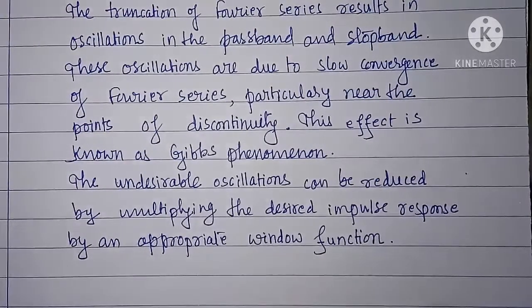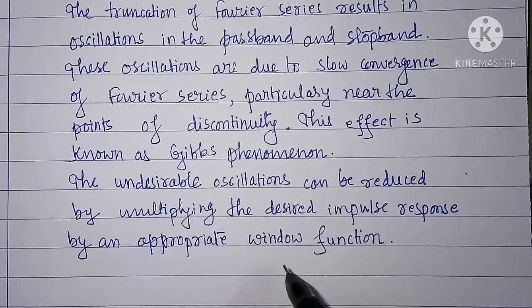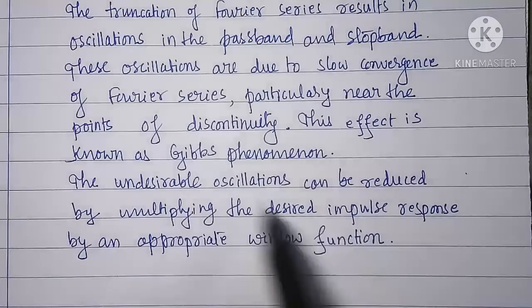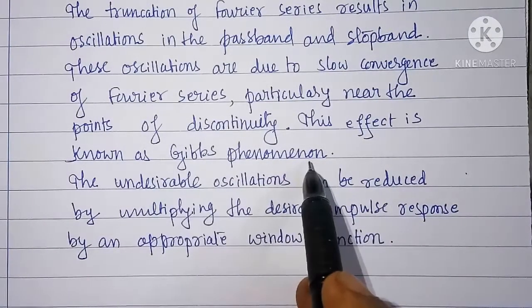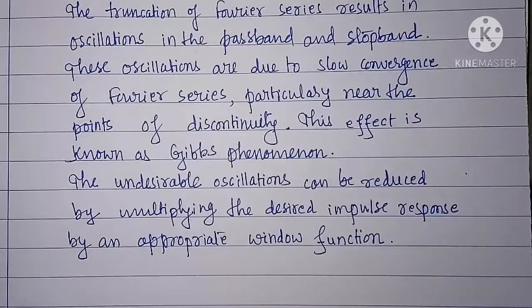Now we'll take one problem on designing FIR filter using Fourier series method, and after that we will see what a window function is and how the window functions are used in designing FIR filter to reduce Gibbs phenomenon. So now a problem on design of FIR filter using Fourier series.